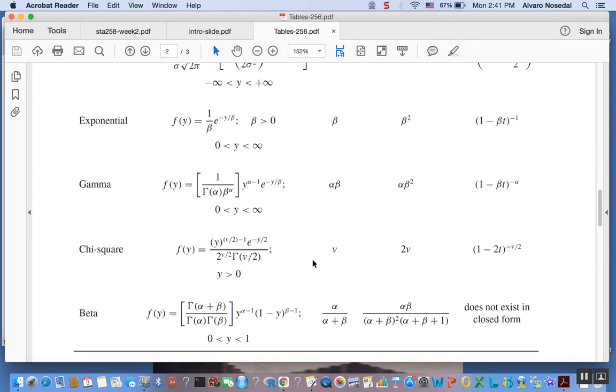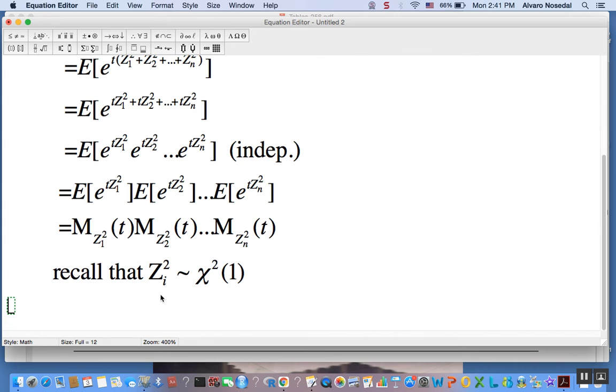This is a chi-square with, say, nu degrees of freedom, so we just have to plug in a 1 here, so it would be 1 minus 2t to the power minus 1 divided by 2.